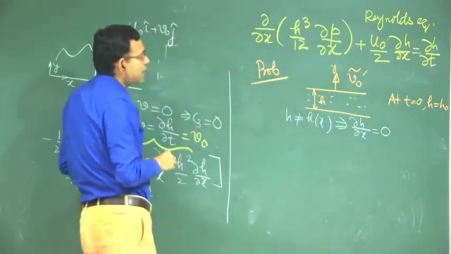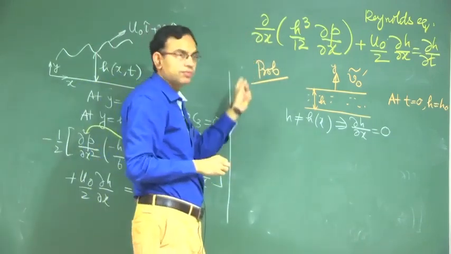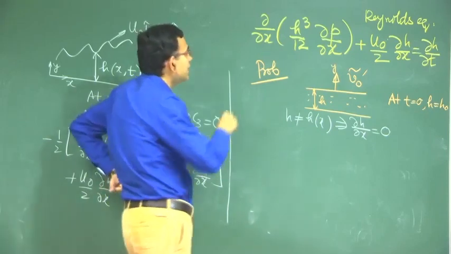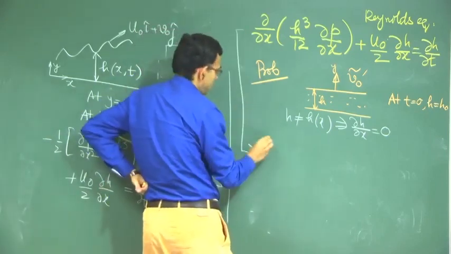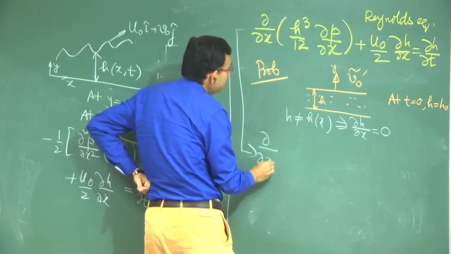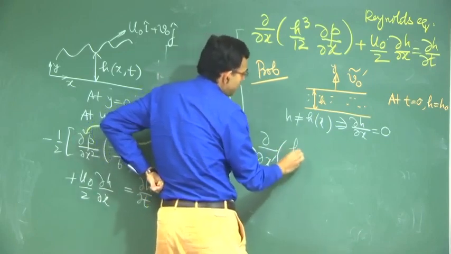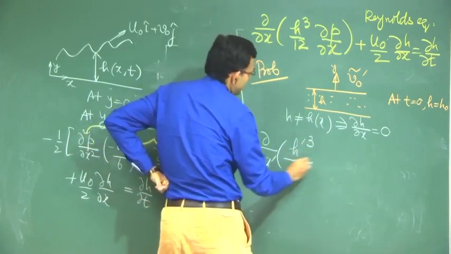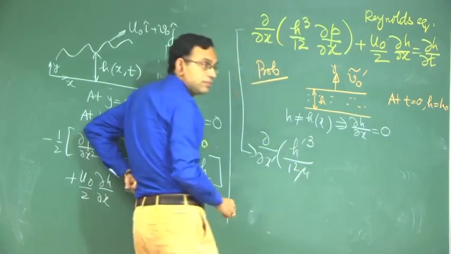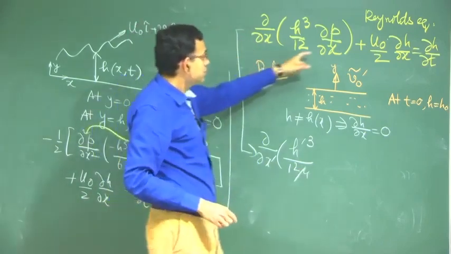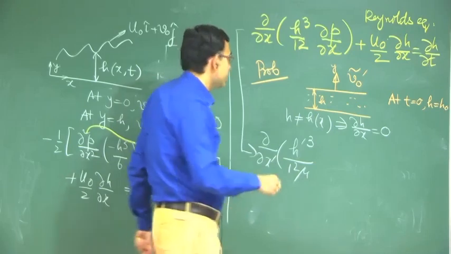Okay, first let us write this problem in a dimensional form, write this equation. To write it in a dimensional form, I will not waste much time. You will see that the only difference is a mu will appear here if you change these two dimensional variables.